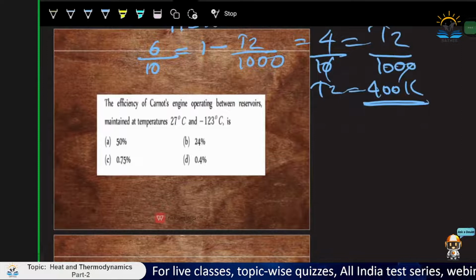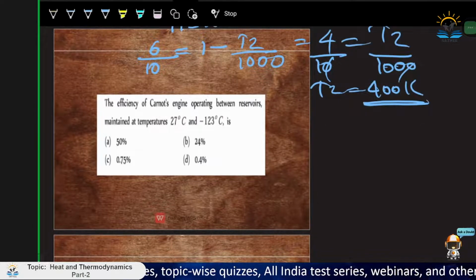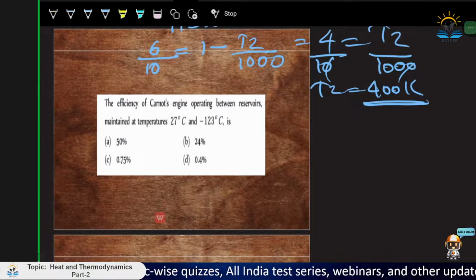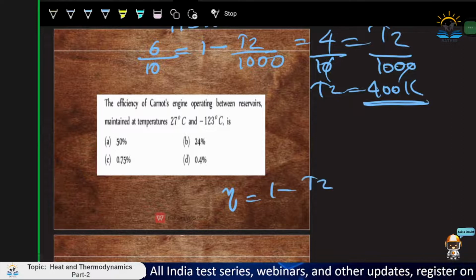The efficiency of a Carnot engine operating between reservoirs maintained at temperatures 27 degrees Celsius and minus 123 degrees Celsius. Simple. Eta is equal to 1 minus T2 divided by T1.